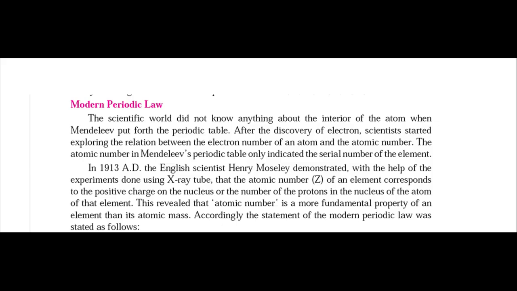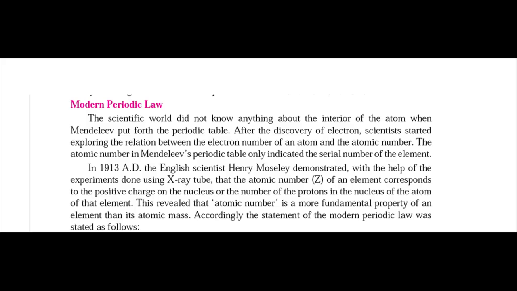The atomic number in Mendeleev's periodic table only indicated the serial number of the element. So in 1913, the English scientist Henry Moseley had demonstrated with the help of experiments using X-ray tube that atomic number, that is symbol Z, of an element corresponds to the positive charge on the nucleus, or the number of protons in the nucleus of atom of an element.